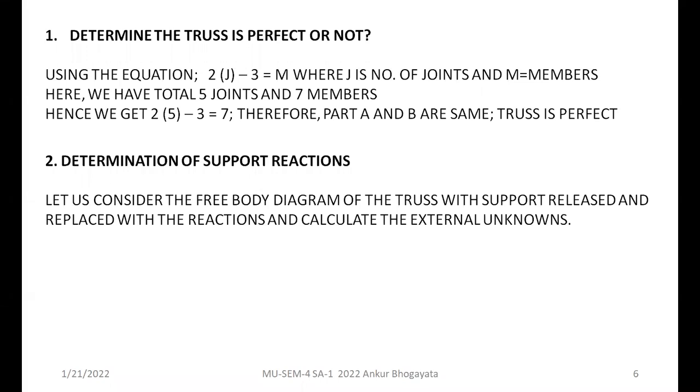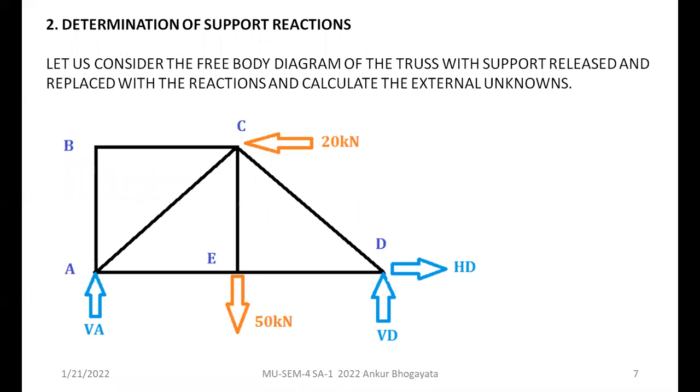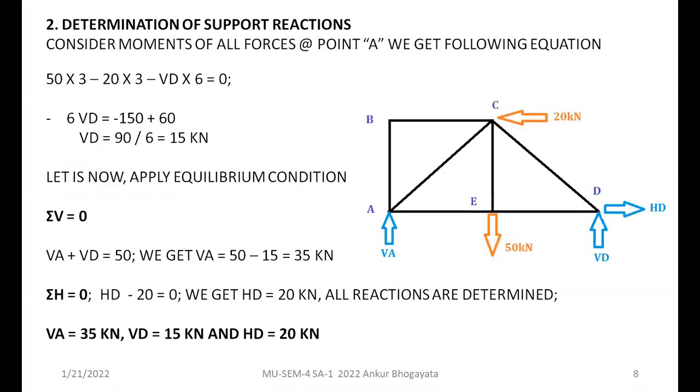Then similarly we'll be determining the support reactions. We have replaced supports by the symbols, and this is how we obtain the reactions. So till here there is no doubt, there is no problem at all. Everybody knows how to do it, and this is a very similar step that we have already adopted. All right.